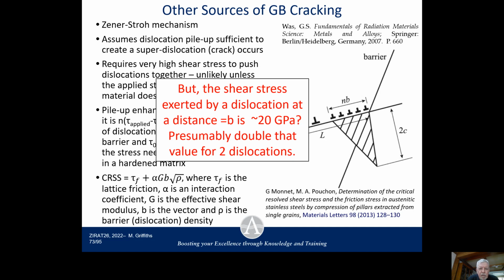And the principle is that if you get sufficient dislocations built up, it becomes a super dislocation and actually is a crack in that case.